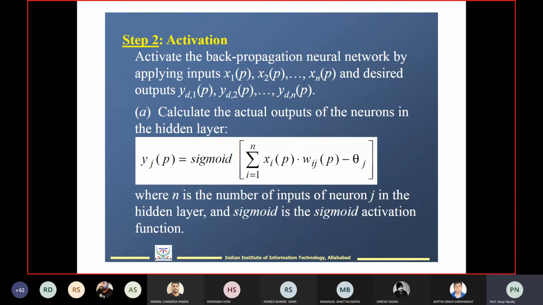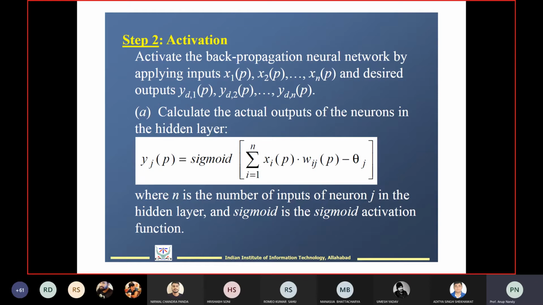Now you have to calculate the output of the neurons in each hidden layer. yjp is equal to sigmoid of the sum over i equals 1 to n of xip times wijp, minus theta j. If you have three neurons, for each neuron you have to compute this output.